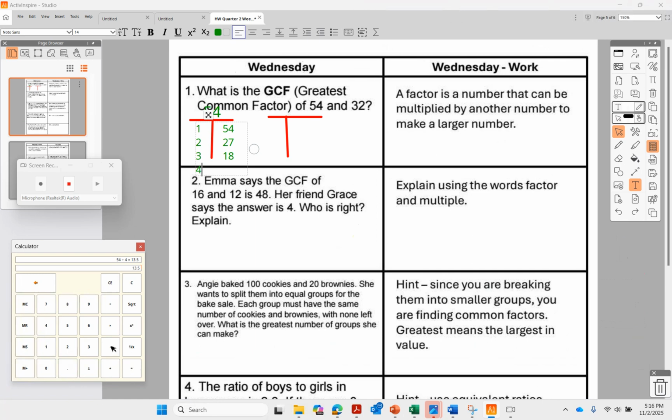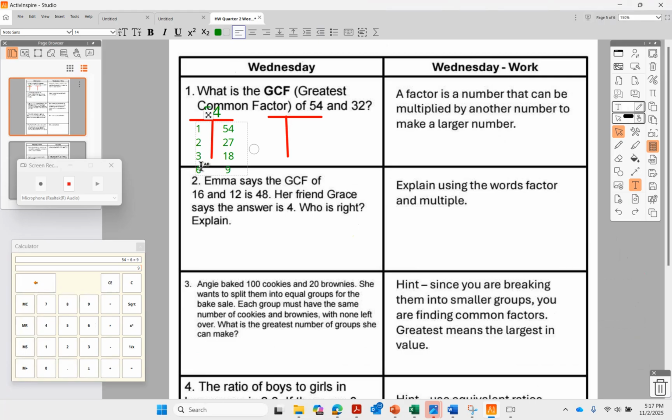You guys should know your multiplication tables, but if you don't, 54 divided by 6 is 9. So I'm going to come back up here. That can be 6 times 9. 54 is not divisible by 7.